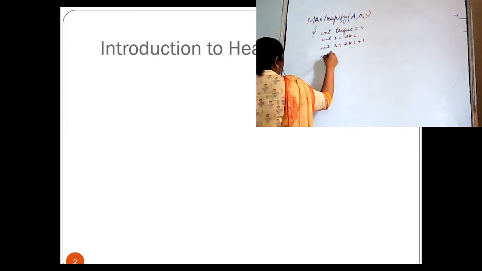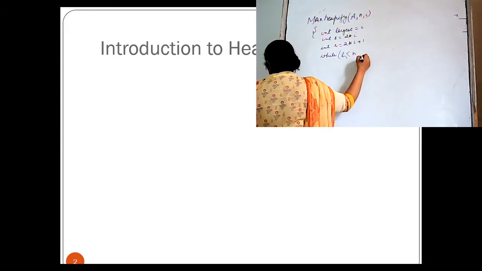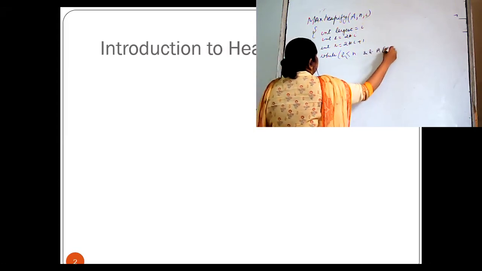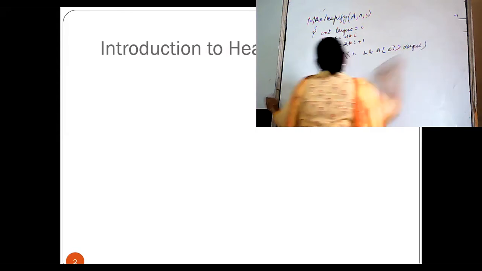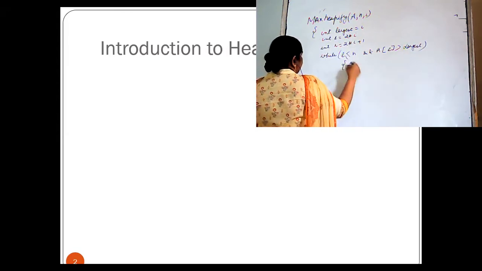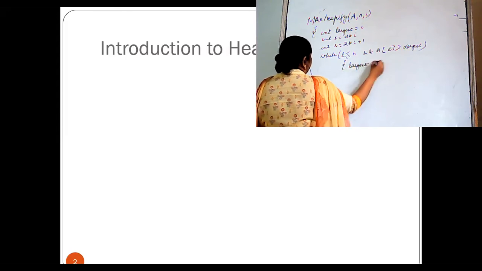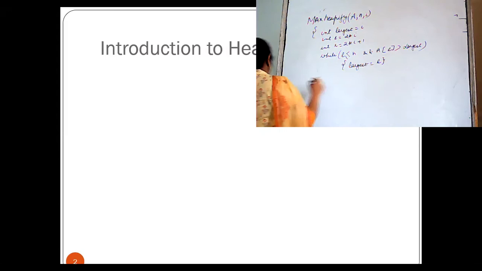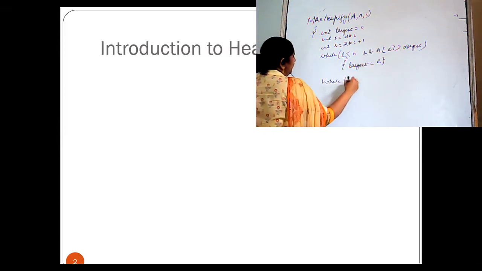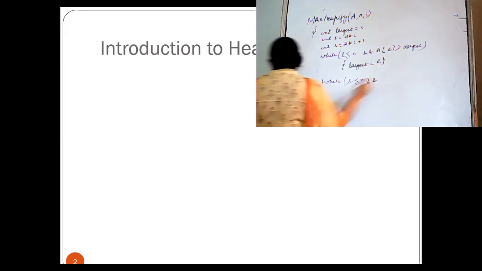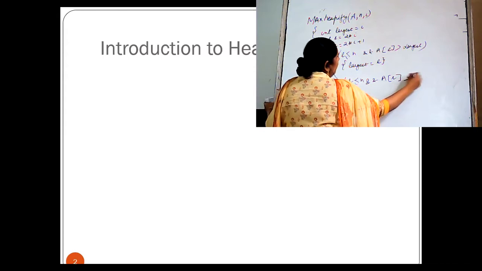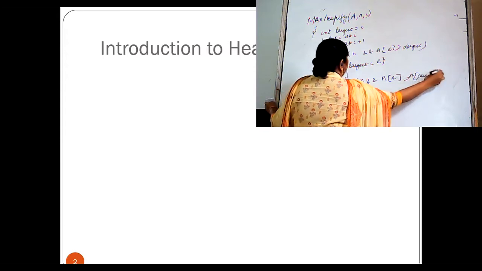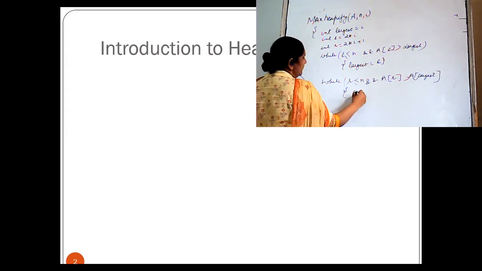Then while L is less than equal to N, that is number of elements in an array, and A of L is greater than A of largest, then largest is equal to L. While R is less than equal to N and A of R is greater than A of largest, then largest is equal to R.